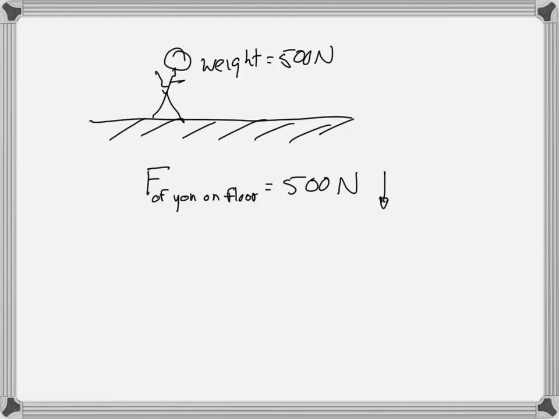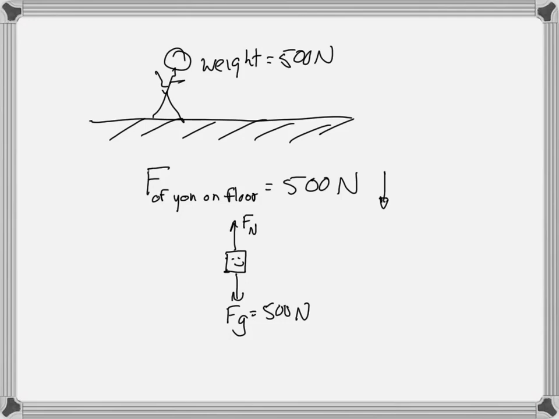And the reason why we know that is, let's draw a free body diagram of you. Let's just assume a box-shaped you, and let's look at the forces on you. So the forces on you are the gravitational force, which is 500 newtons. That's what weight is. And the normal force of the floor on you, not of you on the floor.